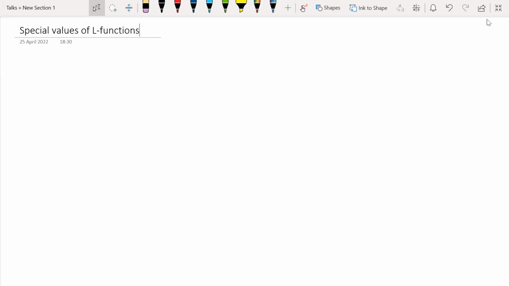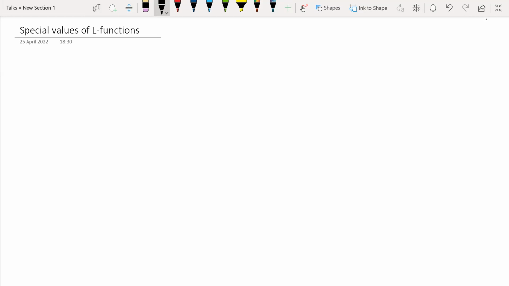All right, so today's talk will be some background and a bit of motivation on the topic of special values of L functions, starting with the topic of what L functions are in the first place.